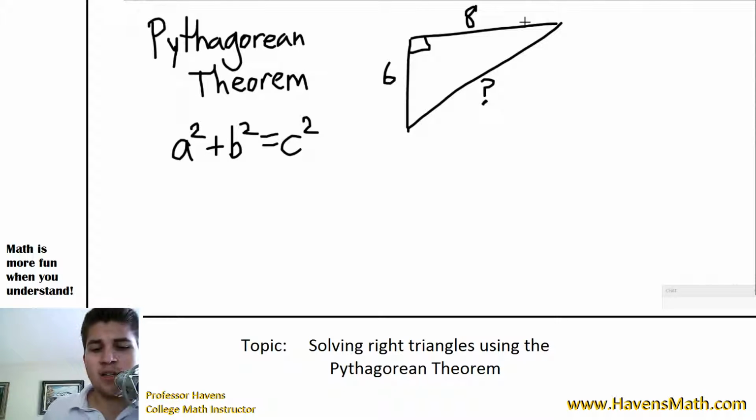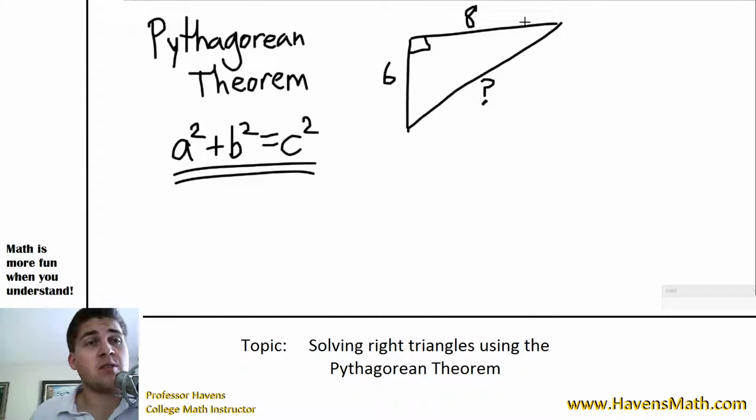And again, we can use the Pythagorean theorem to help us solve the third side of this triangle, because the sum of the squares of each of those two other sides, 6 and 8, should be equal to the third side squared. So essentially, what we can do is plug the numbers that we do know into the formula and solve for the last unknown side by solving the equation.